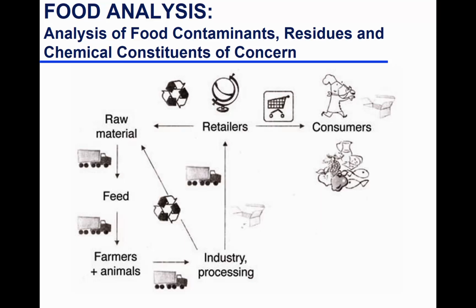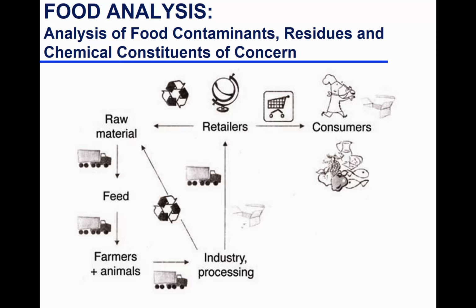And then they could come during transportation. If there is fungal or mold growth in the truck that can get into the food, production of mycotoxin can happen, for example.